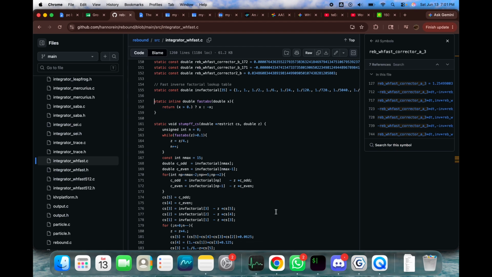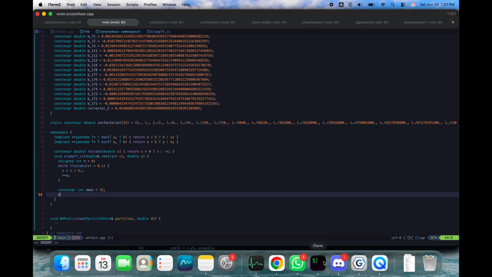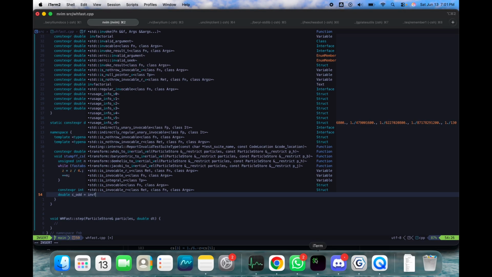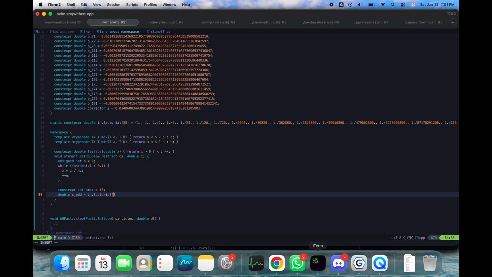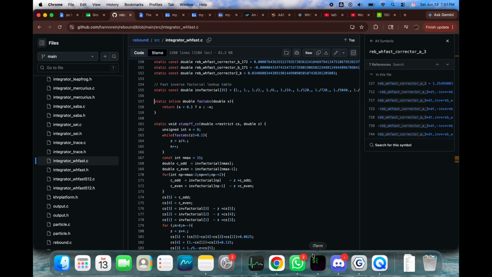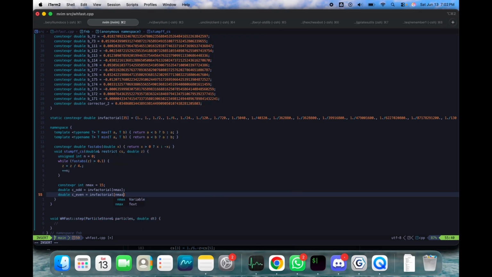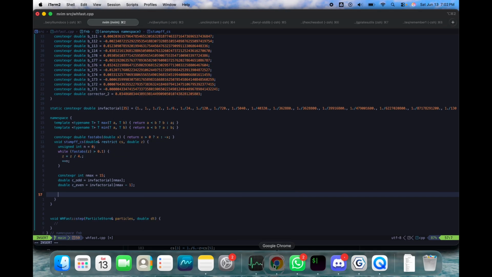And if I double C odd should equal inverse factorial index n max, double C even should equal inverse factorial index n max minus 1.